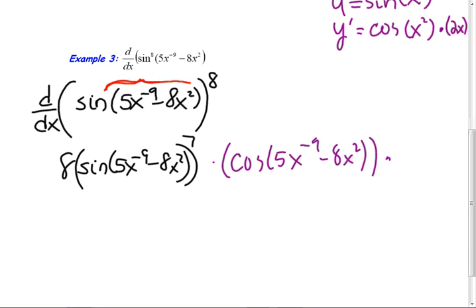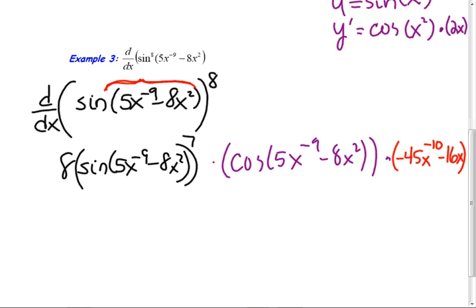You keep going till you get all the functions done, but make sure you stop at the right time. What's the derivative of this? Negative 45x to the negative 10 minus 16x. And I'm done.